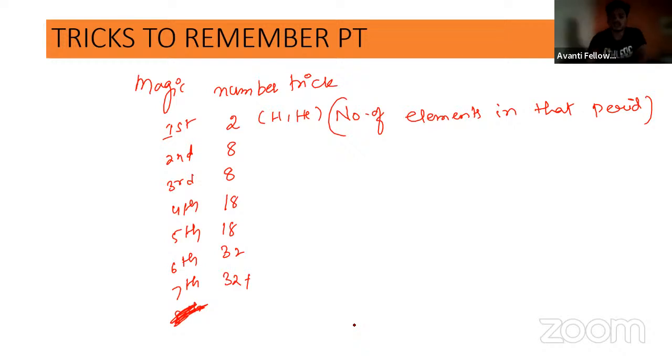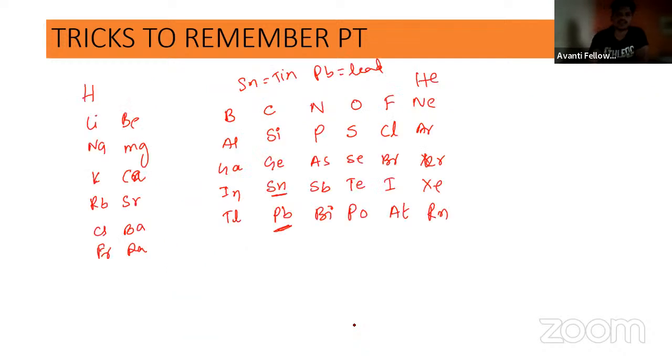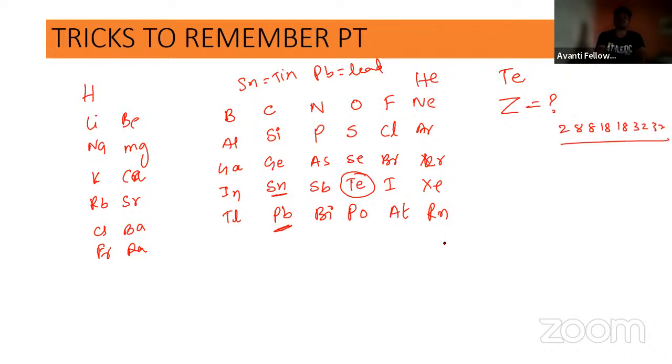Let's suppose I want to know the atomic number of tellurium. If you remember the trick 2, 8, 8, 18, 18, 32, 32, then you can easily remember. How, sir? Just see here, the atomic number of helium is 2.